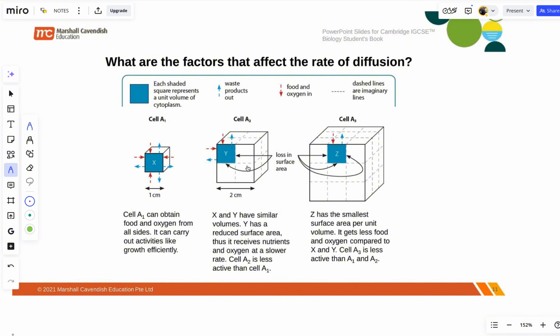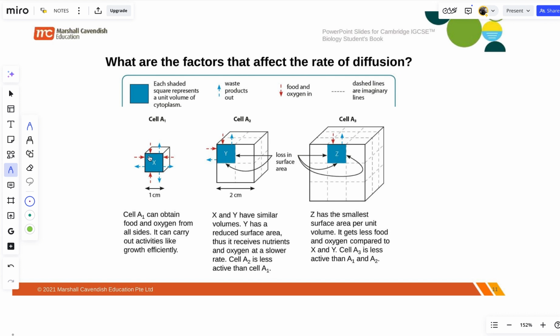Thus, it receives nutrients and oxygen at a slower rate compared to A1. Are you with me? When we compare to A1, this one receives nutrients and oxygen at a very slow rate. Now let's compare with this one.